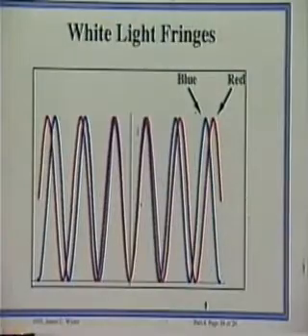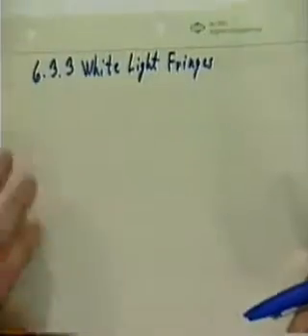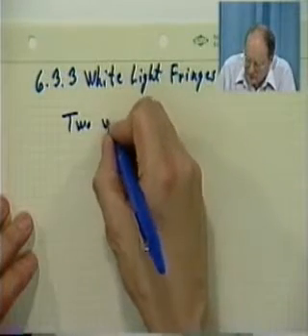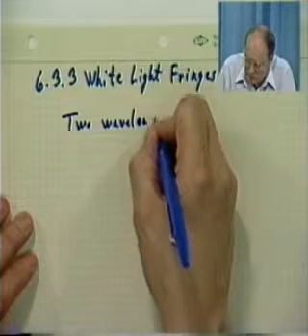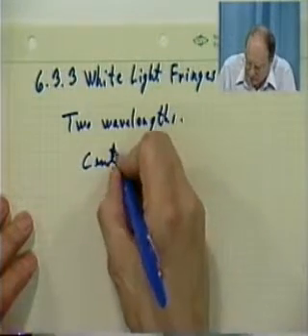And if we just think here for a second, let's say we have two wavelengths present, and let's say that the center fringe is dark. So just two wavelengths instead of white light for simplicity. Say center fringe dark.